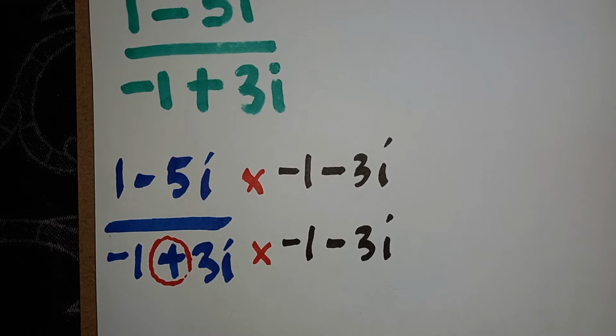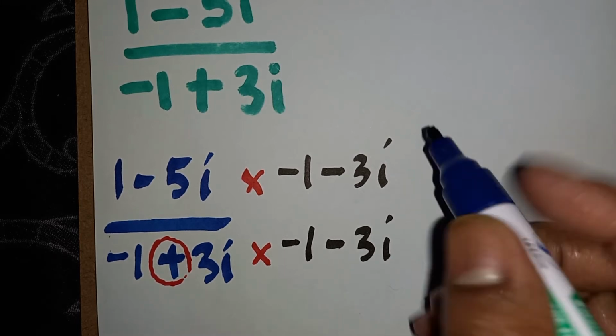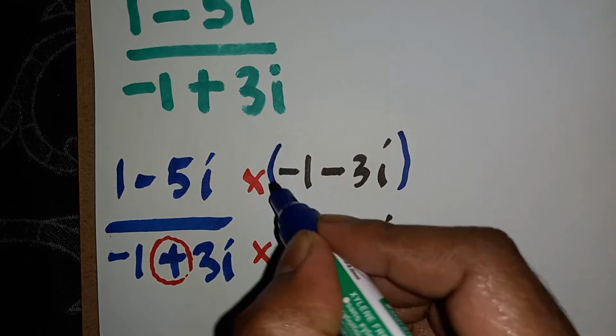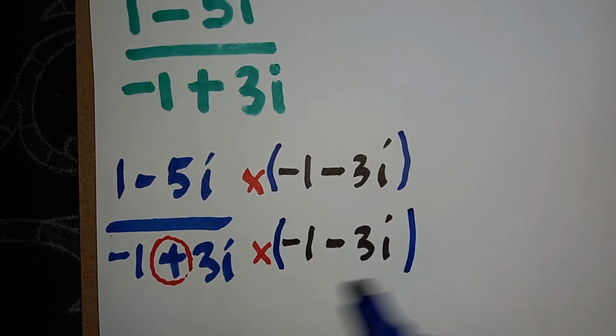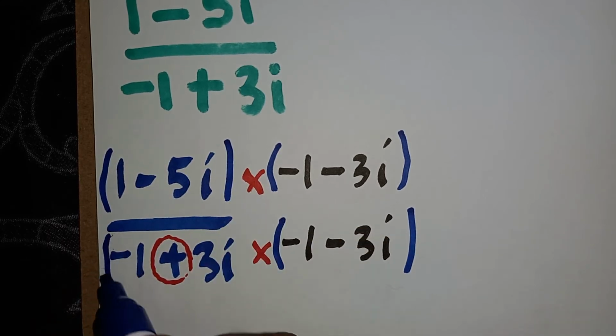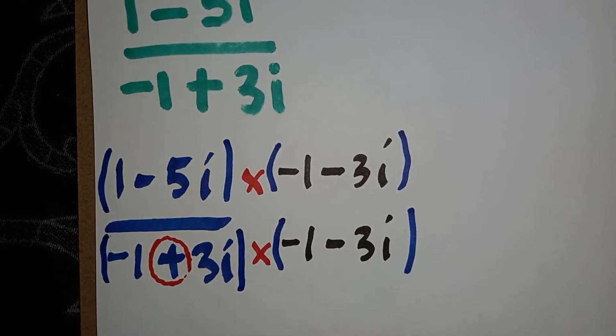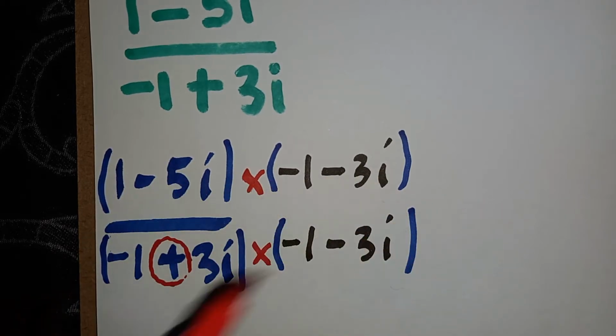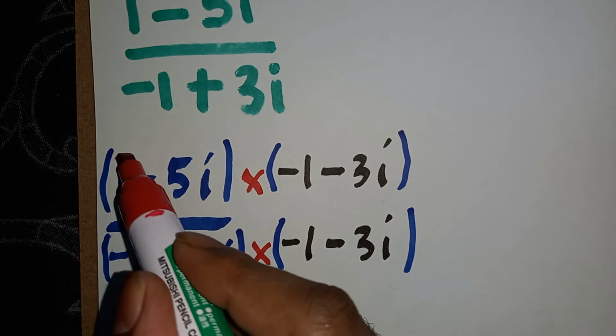Okay, so let's put these in brackets so that it is easier for us to evaluate. Now we are going to carry out the multiplication steps. We have two brackets here and we are going to basically expand them.